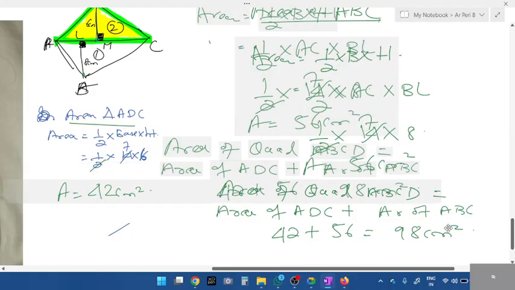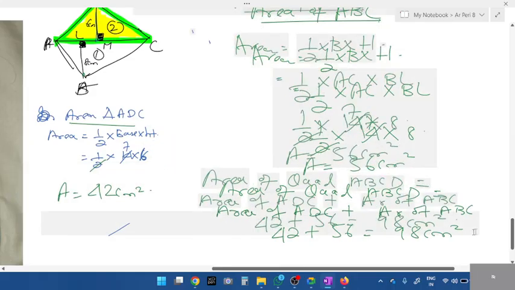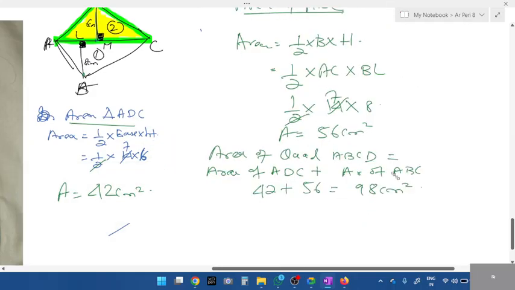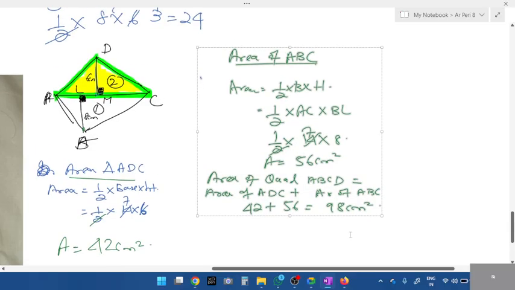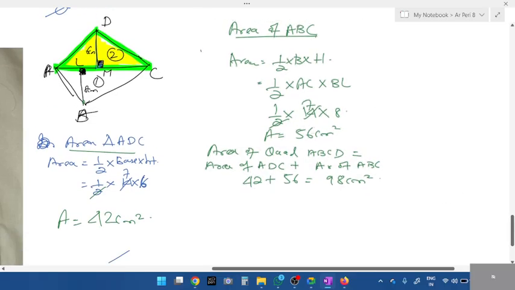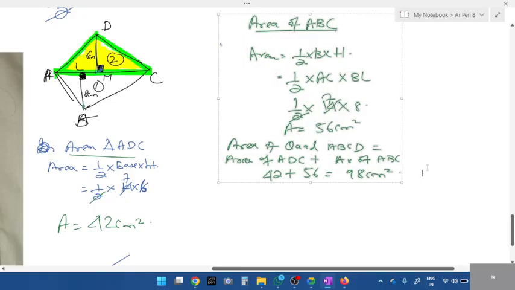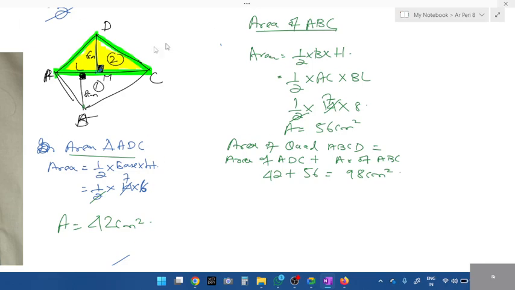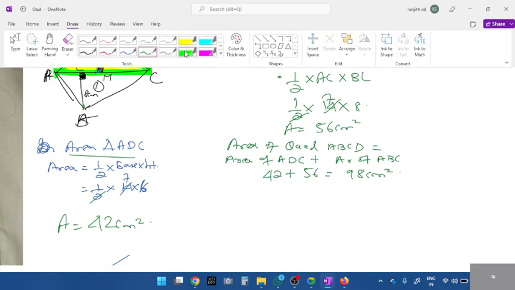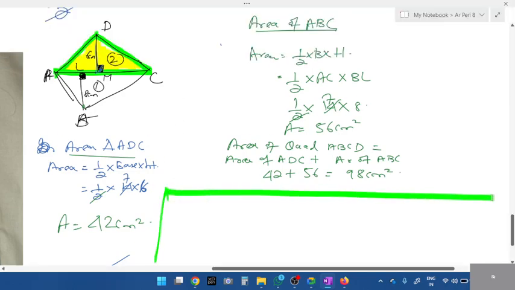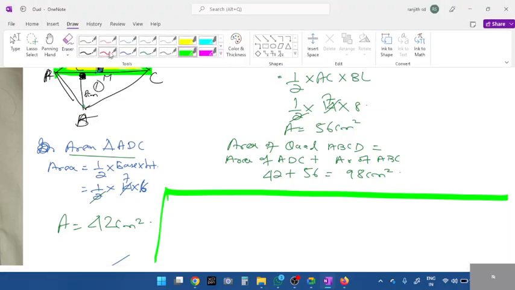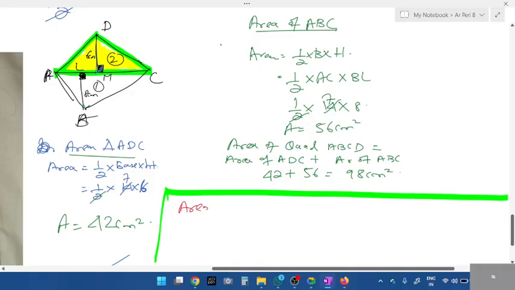Understood? Okay. Instead of doing this, you can even write it in a single step, just using the area formula. Wait, let me write that. Instead of finding separate values, let me write it here. Now tell me, how do you find the area of a quadrilateral?